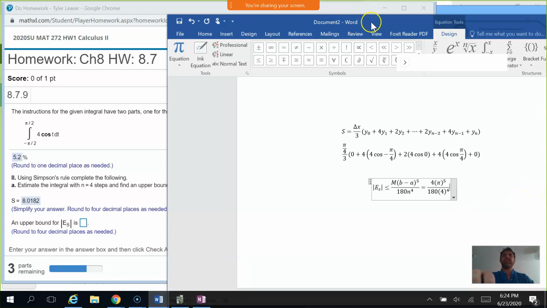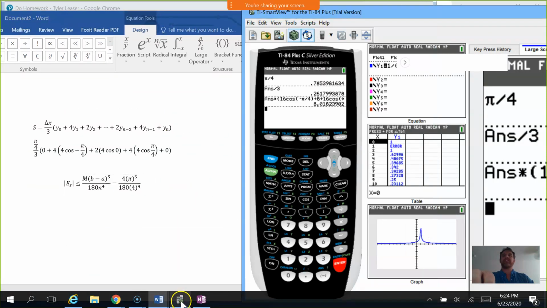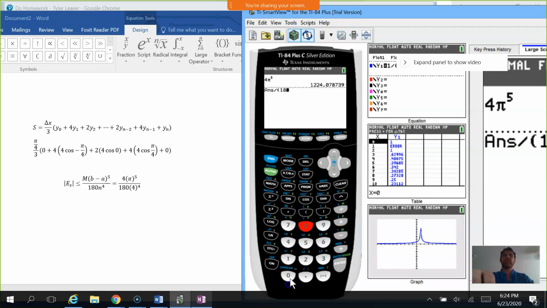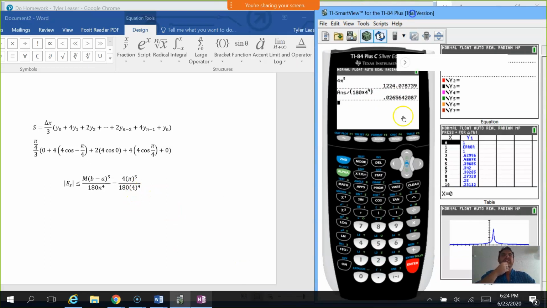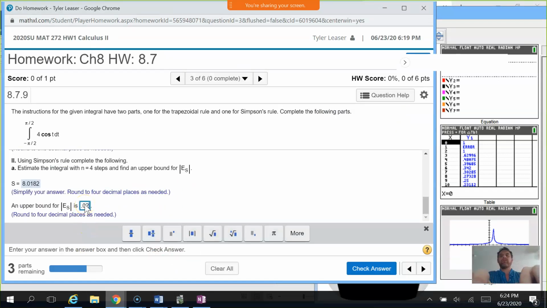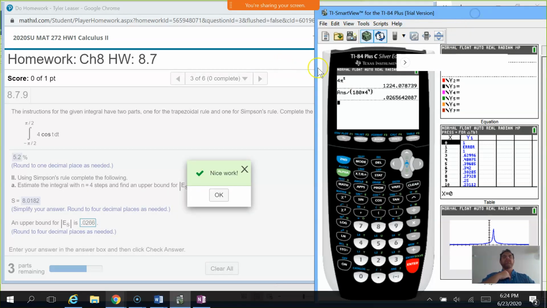All right, so we'll type that into the calculator, 4 decimal places again. So that 4 pi to the fifth, that divided by the 180 times 4 to the fourth. I got 0.026, this is 4 decimal places, 0.0266. Cool.